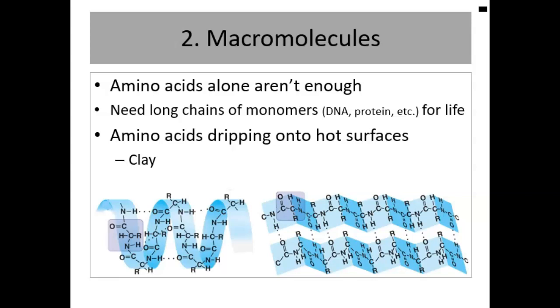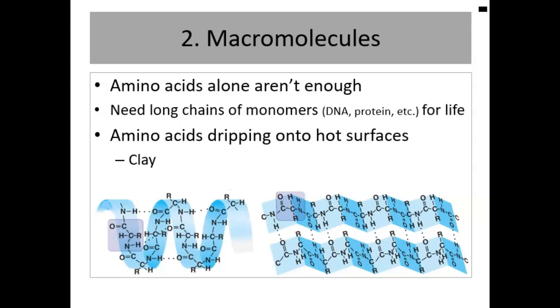Now, while this seems to be the case, I will mention that the molecules that you get if you drip a solution of amino acids onto clay are not going to be exactly like our proteins. There's a lot of cross-linking that takes place, and it's not just those standard peptide bonds that develop. But it at least shows that it's possible to make those connections, even if they're not the same exact sort of connections that our current living organisms use.